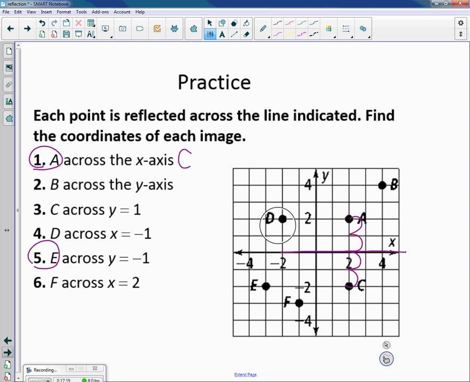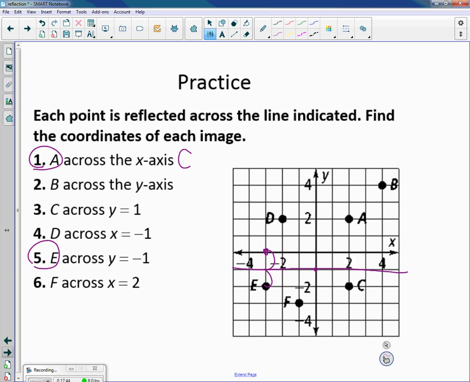Okay? Now, it says E on y equals negative 1. Y equals negative 1 is right here. So this is my line of reflection. Where is E? Here it is. So it goes, y equals negative 1. Boom, boom.